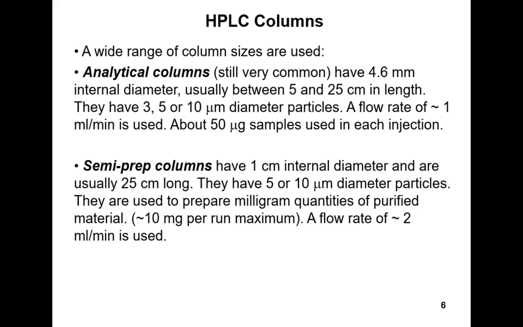So it takes a bit more pressure to push it through. But you can put in about 10 milligrams per run injection. That is now a useful amount of material that can be purified using these columns. It needs a higher flow rate to achieve good separation, usually about 2 milliliter per minute.